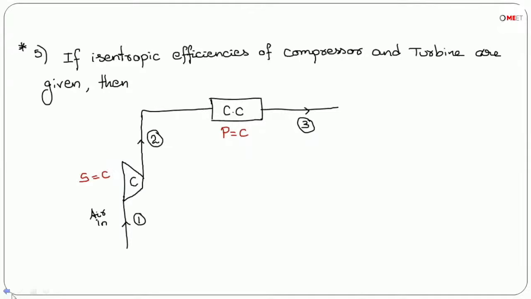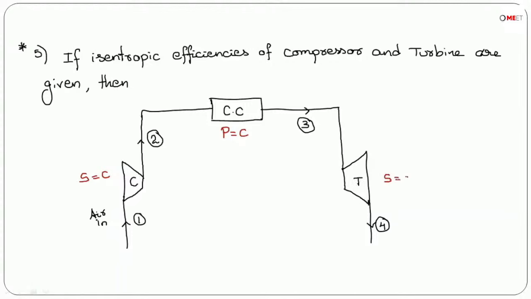Now this heated air enters into a turbine, where in the turbine expansion takes place. Let us say the expansion that is happening is isentropic expansion.